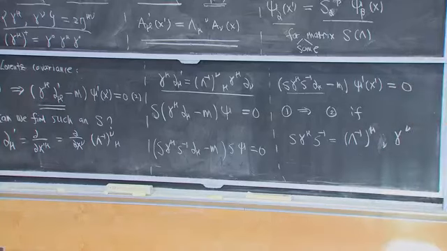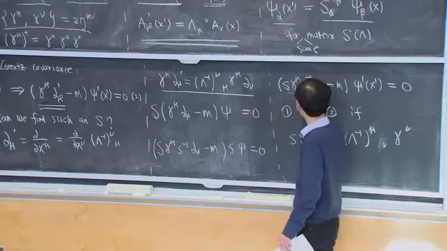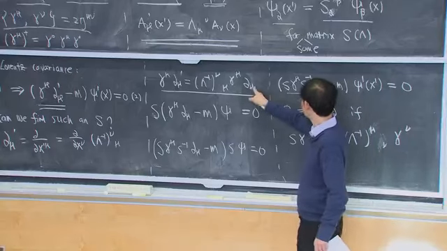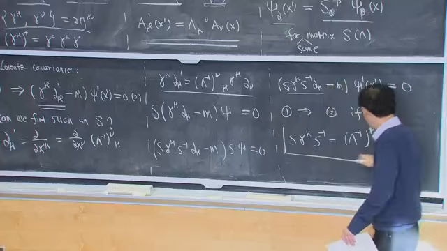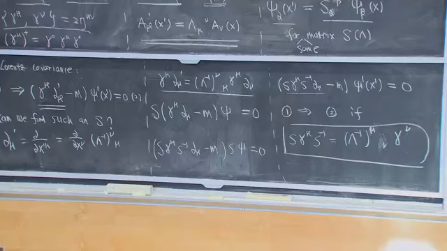Okay. So this has to be equal to that, and you need to compare partial nu with partial mu. You have to exchange the mu and the nu here. Anyway, so this is the equation we have to satisfy. So we have to find a matrix S which acts on gamma mu.